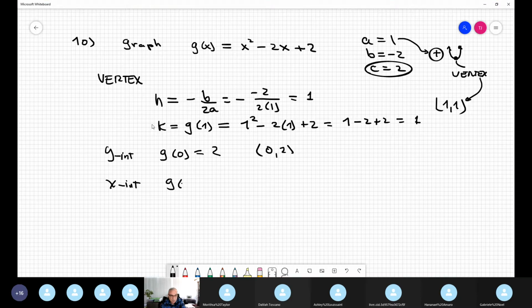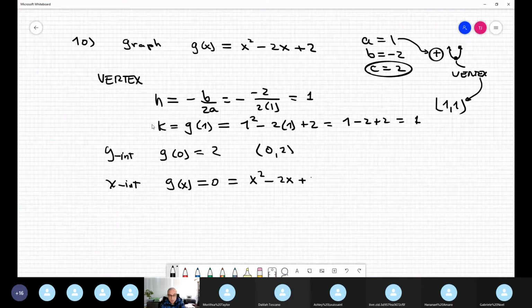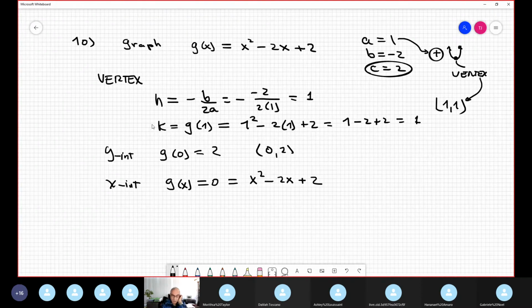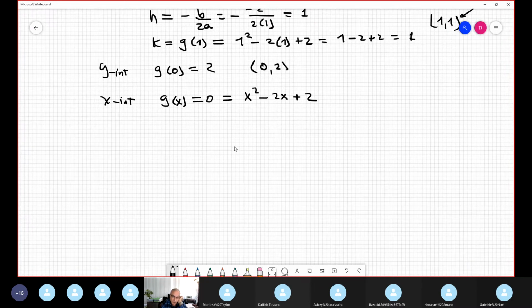And the x-intercept, let's see. The x-intercept is where the function is equal to 0. Okay, in other words, you try to solve this quadratic equation. Okay, let's do it. Apply the quadratic formula. Minus b plus or minus the square root of b squared minus 4ac, divided by 2a.